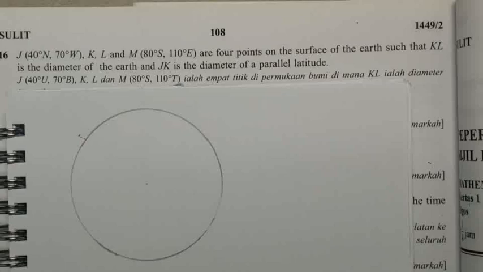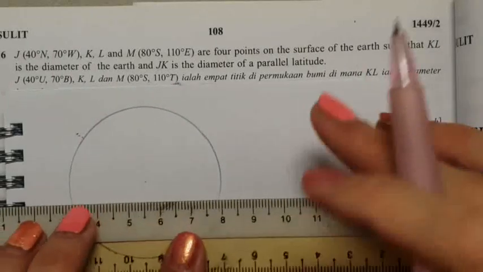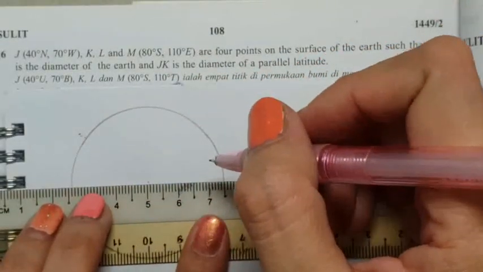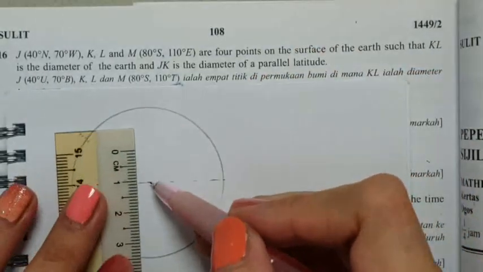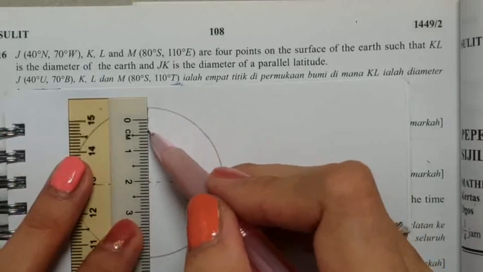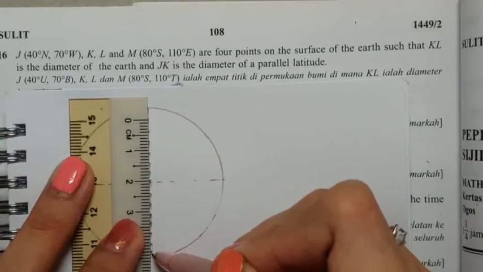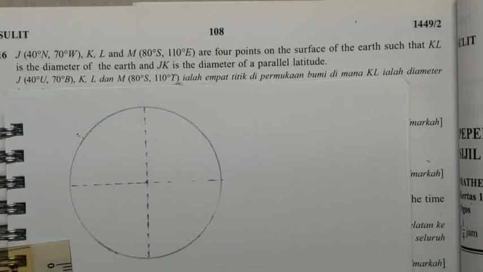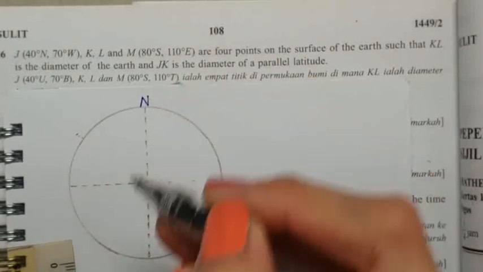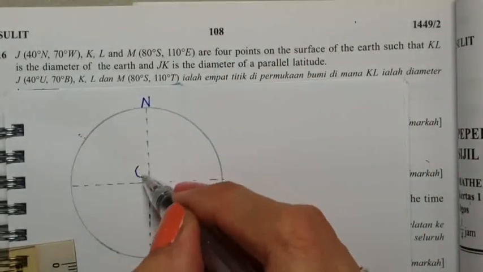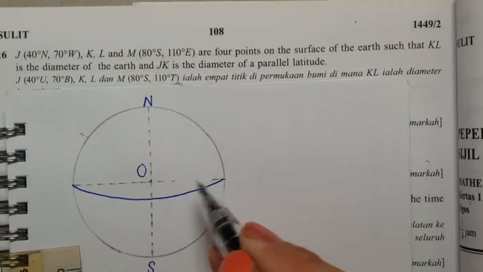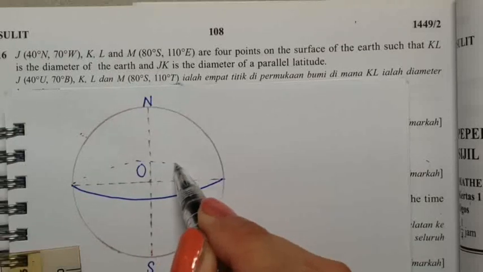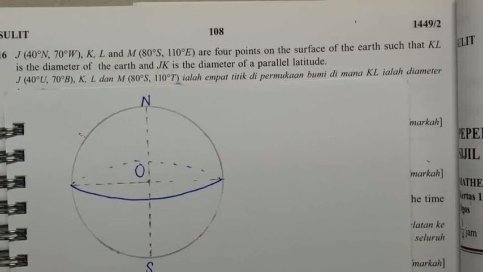And then the next step is to construct the horizontal diameter and the vertical diameter, because these diameters will help us to mark down our north and south poles, the center of the earth, and also our equator. So with this, it will make the flat 2D circle become a 3D sphere.